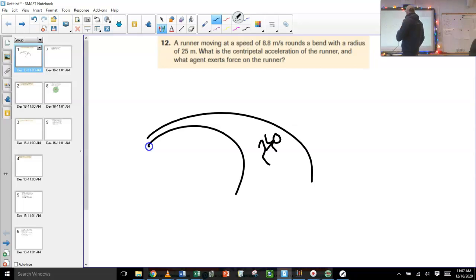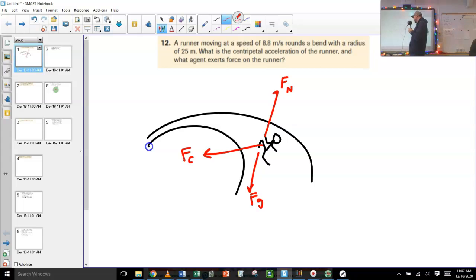There's a few forces on them. Number one, there's a force straight down, force of gravity. Number two, there's a force supporting them, the normal force, and then there's a force that's making them turn the corner, and that's the centripetal force. What's the centripetal acceleration of this?